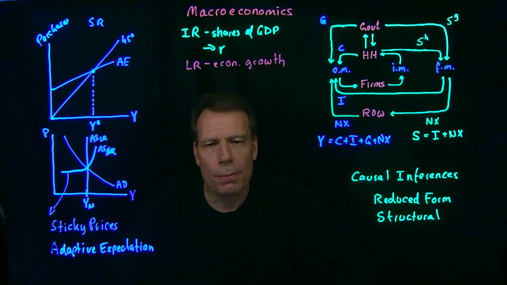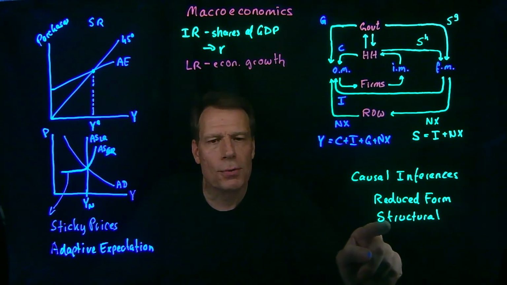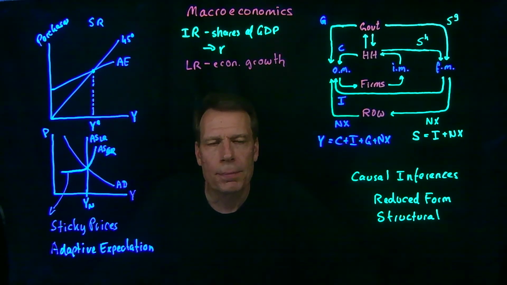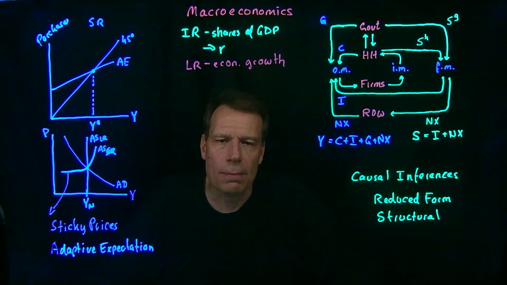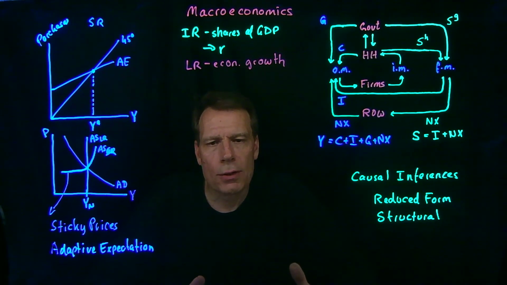And that structural approach is the dominant approach when we think about macroeconomics. We're thinking about a whole system, so we have to model that whole system. That's a structural model. And then we use that structural model to create counterfactuals, to ask questions like, what would happen if the government spent more?